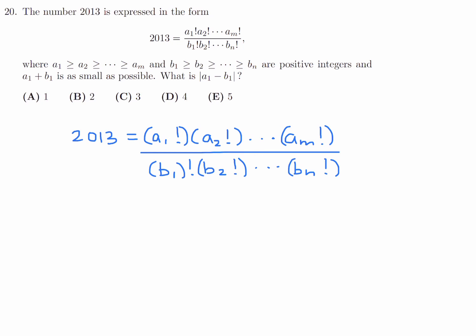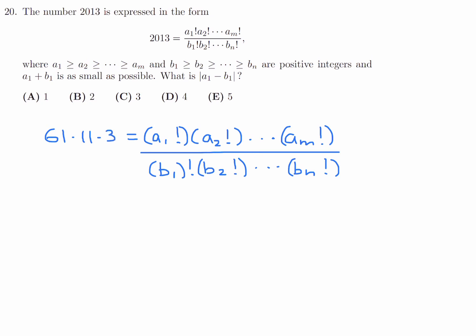Now 2013, it will help us tremendously if we factor that into its prime factors. Well, what are the prime factors of 2013? It's 3 times 11 times 61. Or if you want to write it in the other order, might make a little bit more sense, 61 times 11 times 3. And the reason is because a1 is greater than a2 and so on.